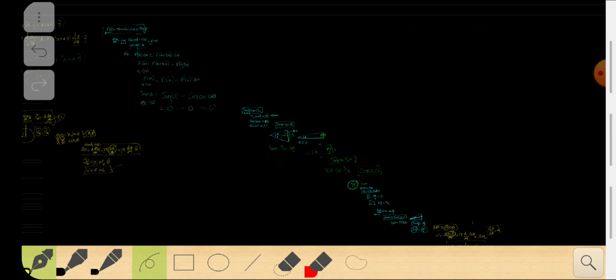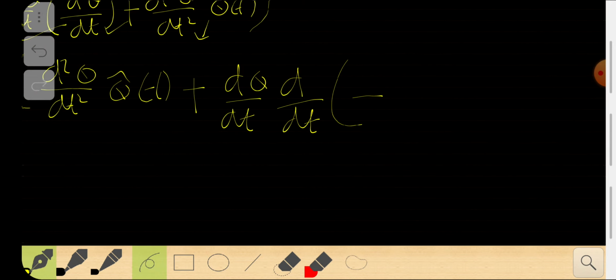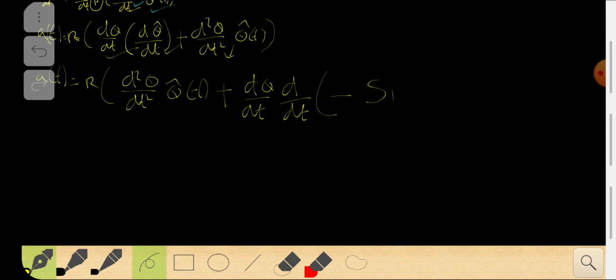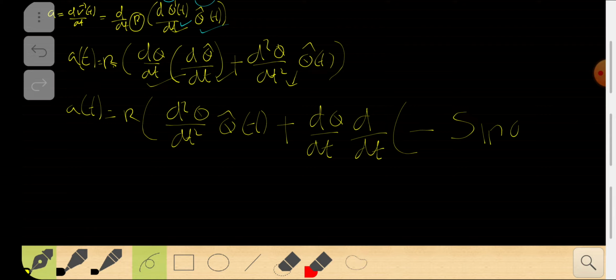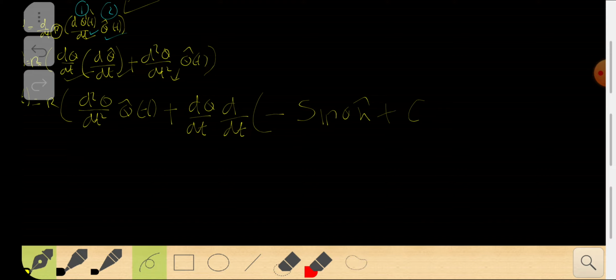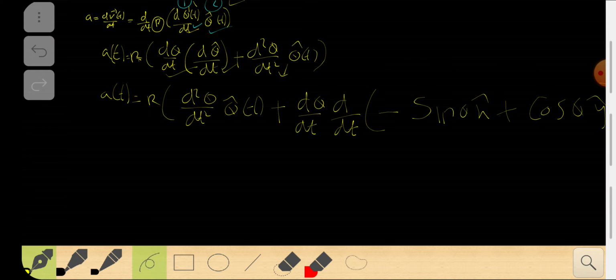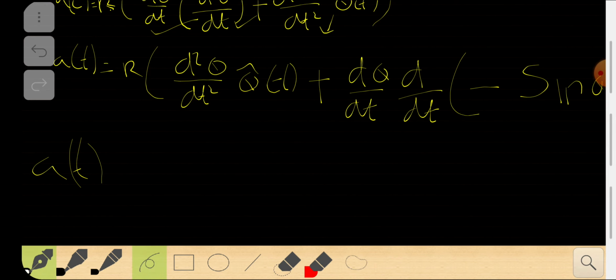So that's the whole thing, I have expanded that. Now let's simplify it into simple form. So a of t must be equal to, let's use some different color.